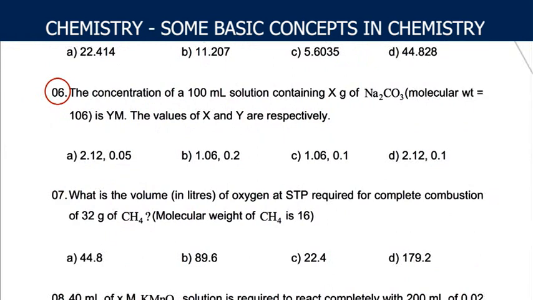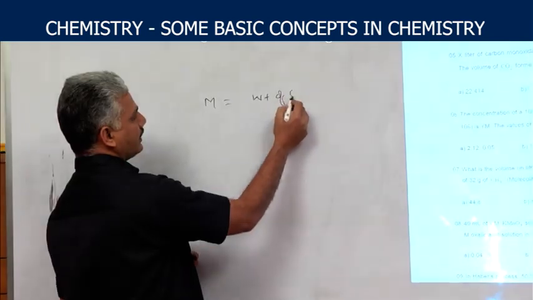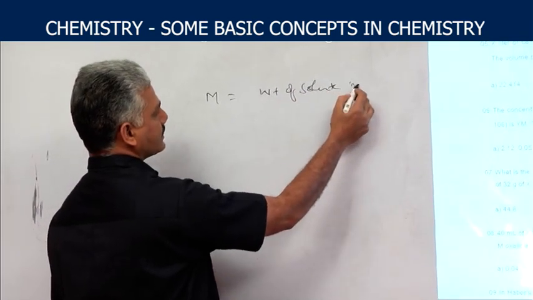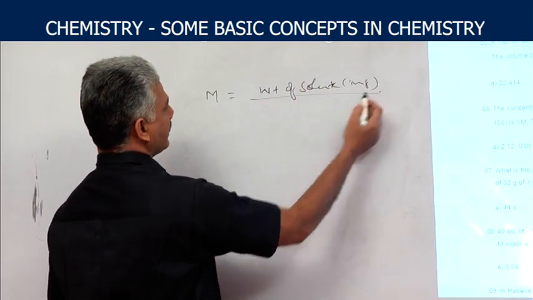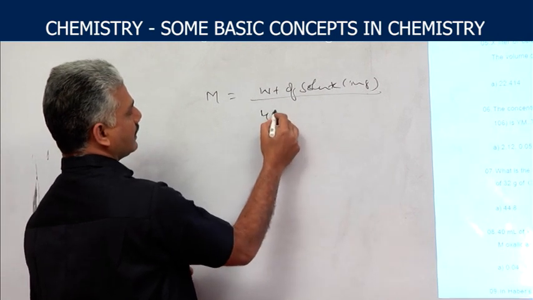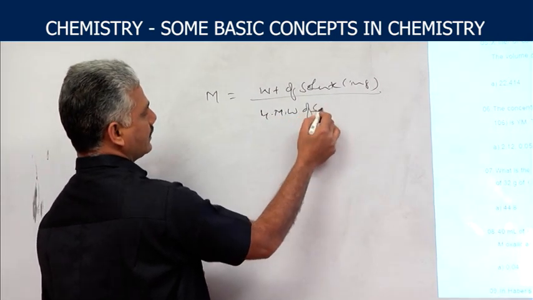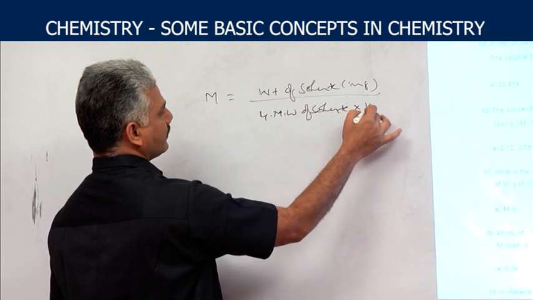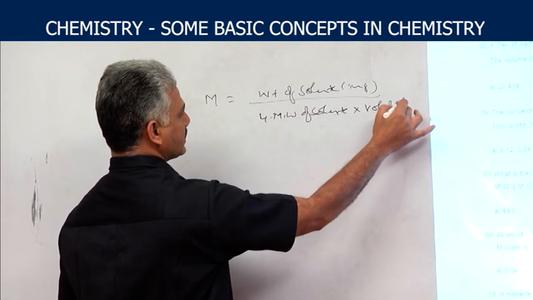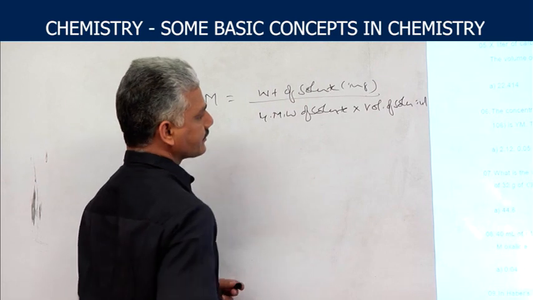Here concentration is specified as Y and the weight of sodium carbonate we need to find out. This problem is based on molarity. Molarity is calculated by using this relation: weight of solute, taken in grams, divided by gram molecular weight of solute into volume of solution in liters.